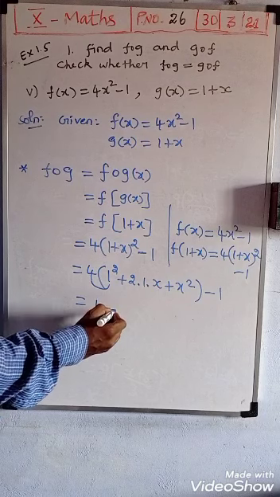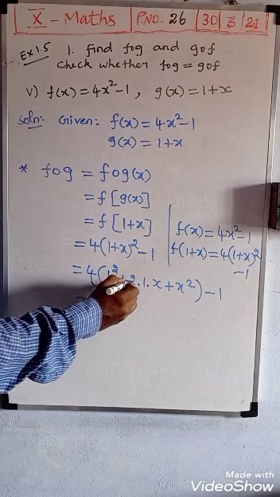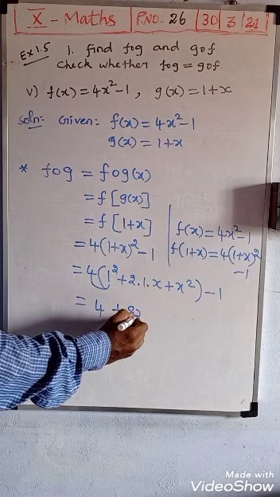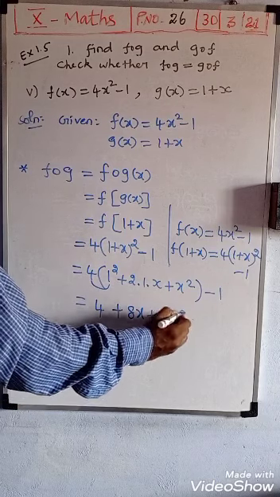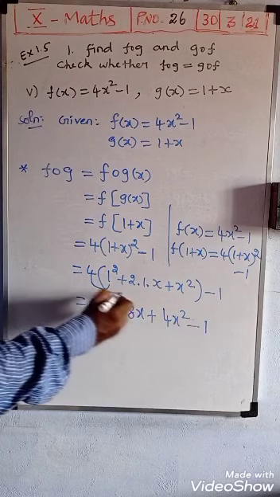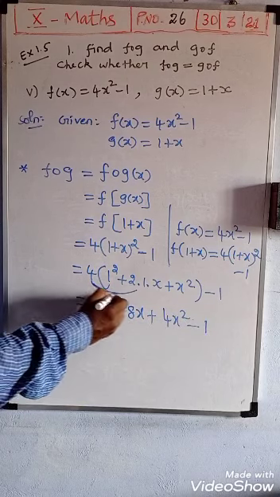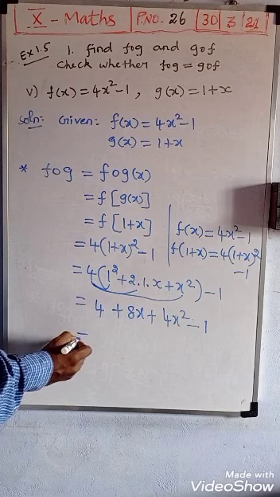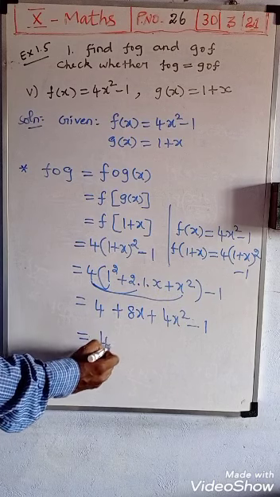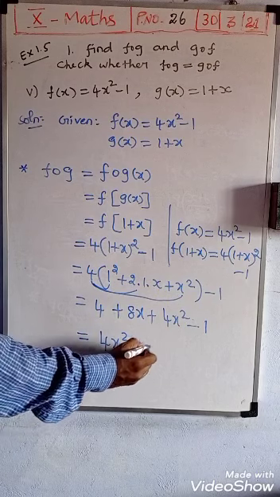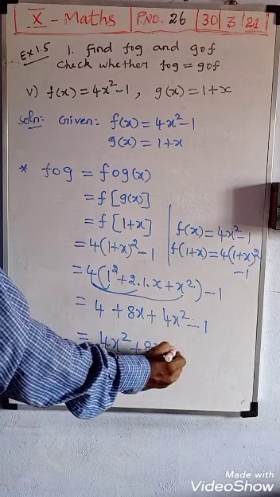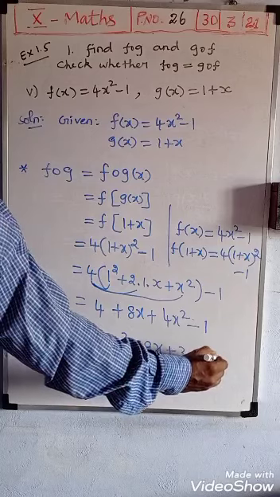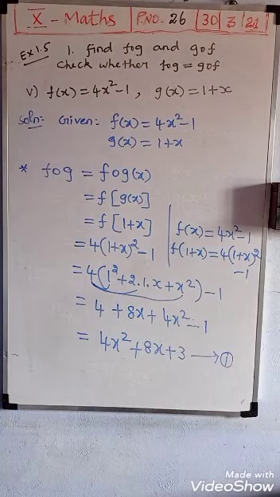Next plus, 4 2s are 8, 8x, plus 4 into x squared, 4x squared, minus 1. The 4 is common for these 3 terms alone. First the x squared term, 4x squared. Next the x term, 8x. Next the constant term, 4 minus 1 is 3, plus 3. So this is equation 1. This is called F composition G.